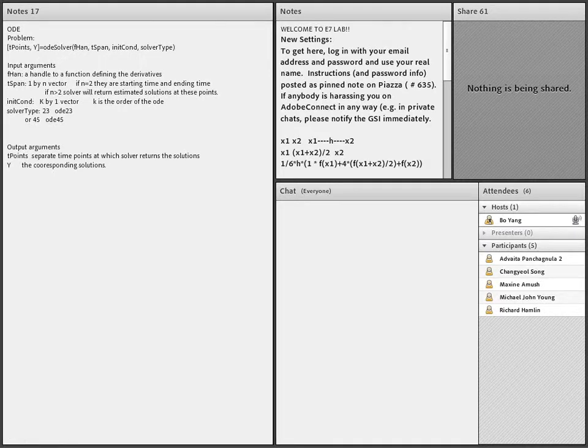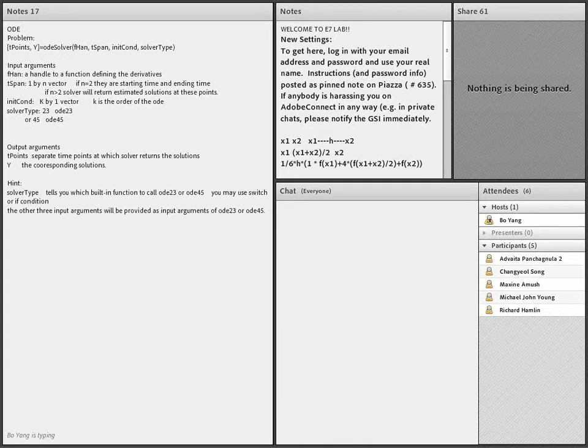So there is some hint for this problem. The solver type tells you which built-in function to call, ODE 23 or ODE 45.